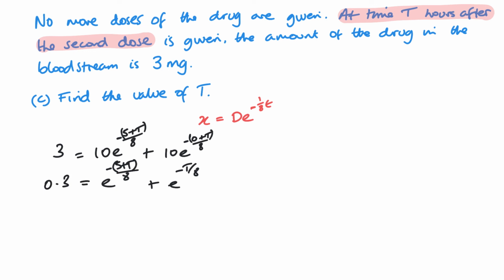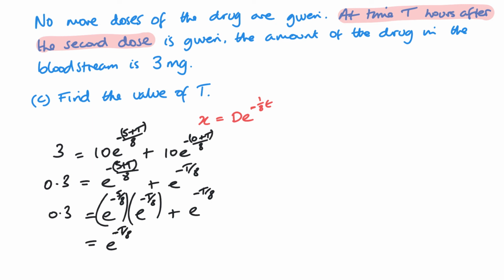It's adding, so that's going to be the same as multiplying. So I get e to the minus 5 over 8 multiplied by e to the minus t over 8. And then I can factorize out e to the minus t over 8, and that will give me inside my brackets e to the minus 5 over 8 plus 1.